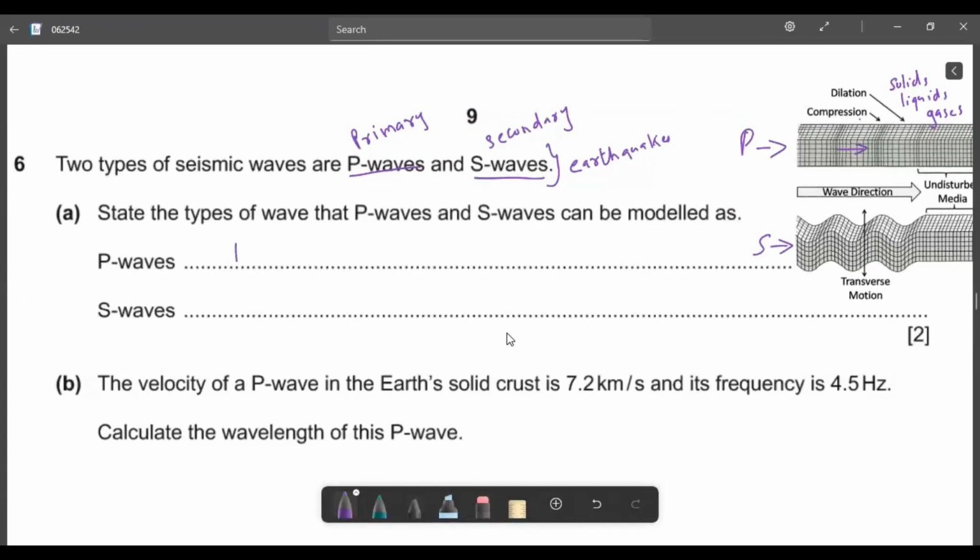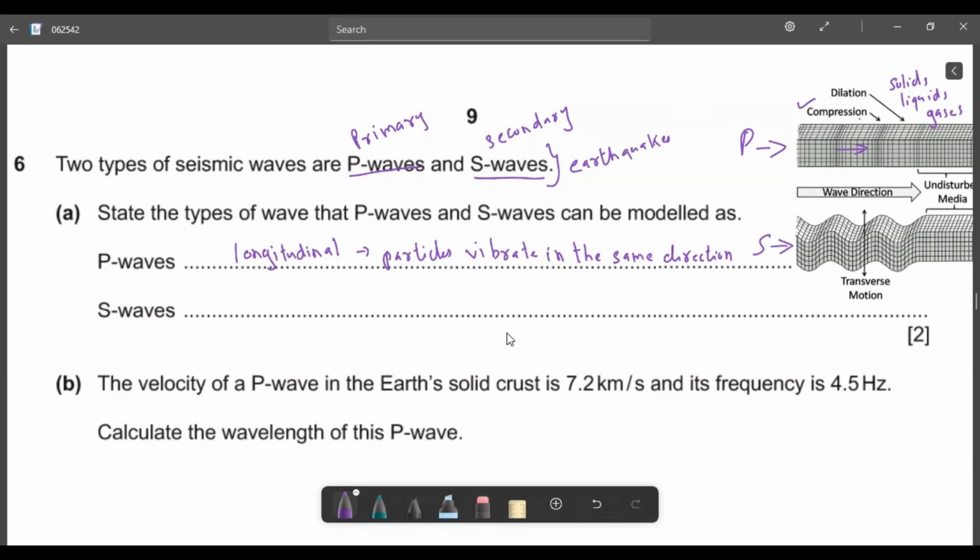So P waves are considered longitudinal waves due to their compression nature, and the particles vibrate in the same direction as the wave movement.